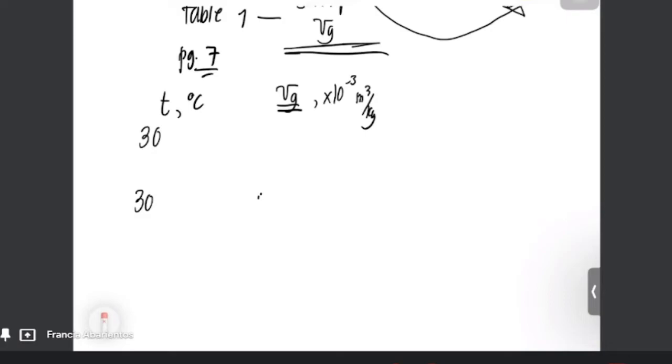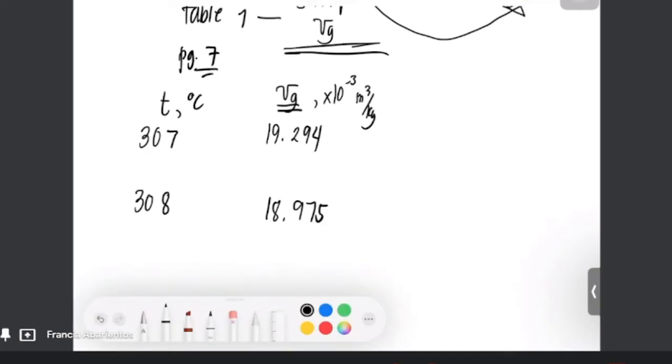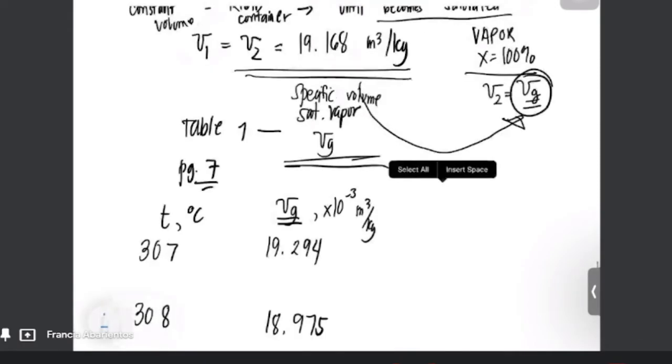Ulitin ko. We have 307 and 308. This is 19.294. Sa baba is 18.975. Bakit? Kasi yung given sa atin at specific volume at point 2, ito yung V2 niya.